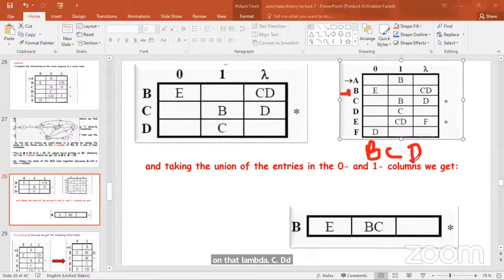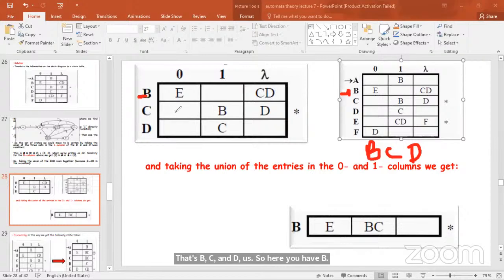So in order to get rid of this lambda, you take the union of everything that B, C, and D has. So here you have B having E under 0, having nothing under 1, and CD under lambda, right?